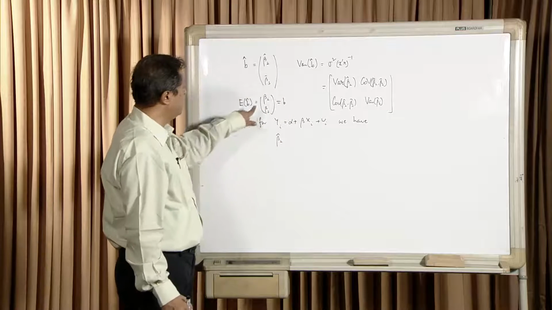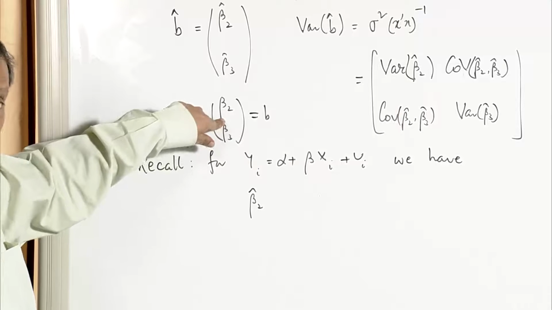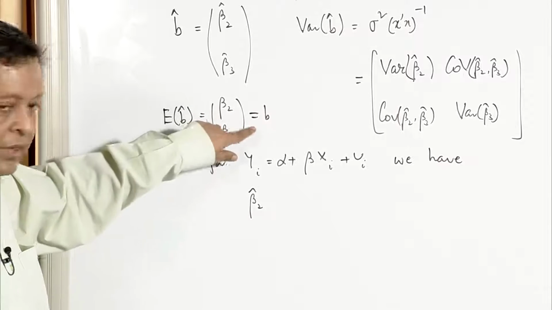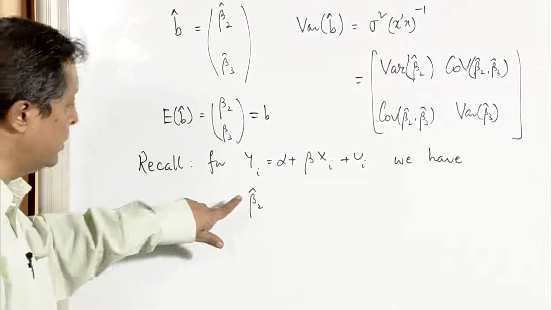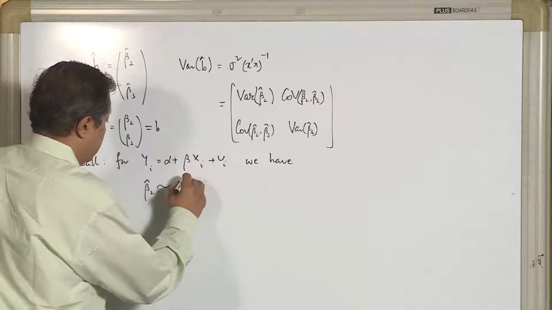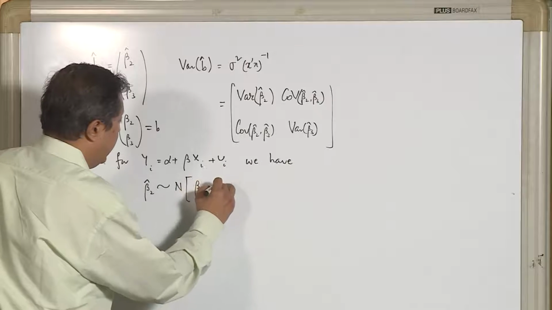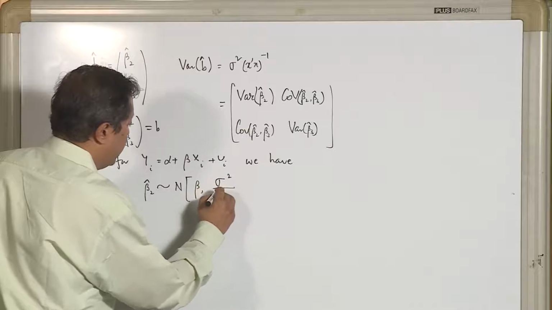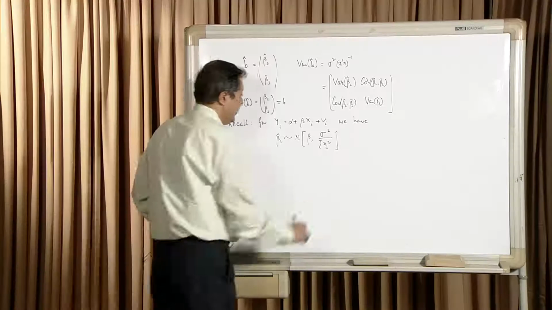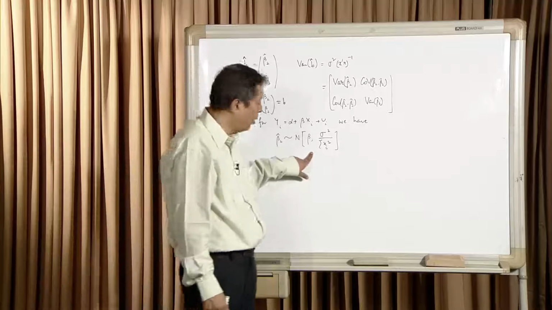This is different from the earlier beta 2 hat because that belongs to the three variable model. This is analogically how we are trying to get to that result using the two variable model. So, this beta 2 hat follows a normal with mean beta and the variance was sigma square divided by summation xi square. That is the result we should be able to recall.